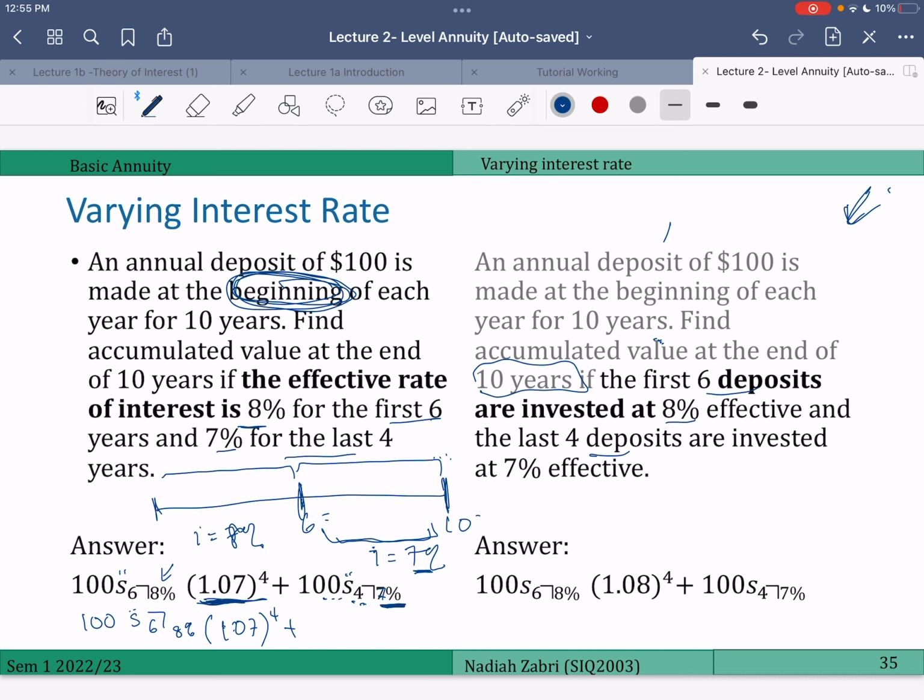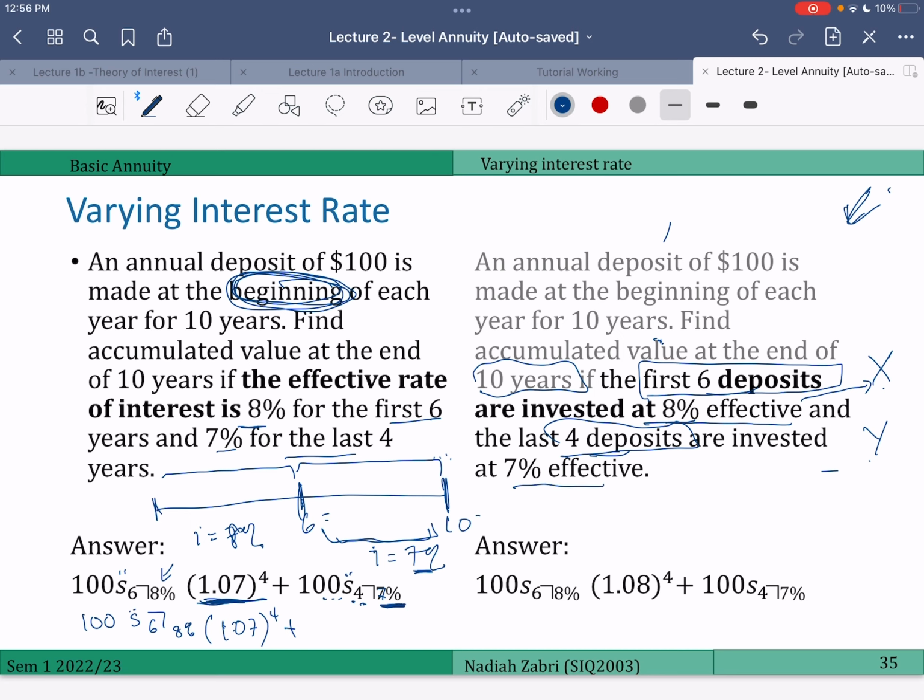So the deposits are invested in 2 separate funds. The first 6 deposits are invested in fund X, let's say, and this fund is earning 8% effective, and the last 4 deposits are invested in another fund Y, at 7% effective.